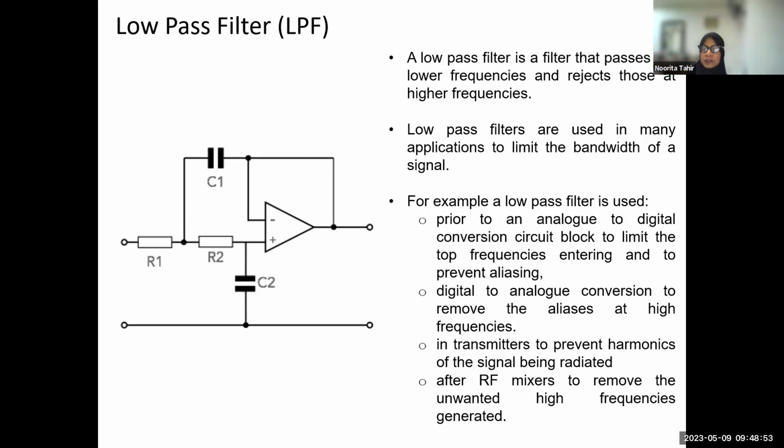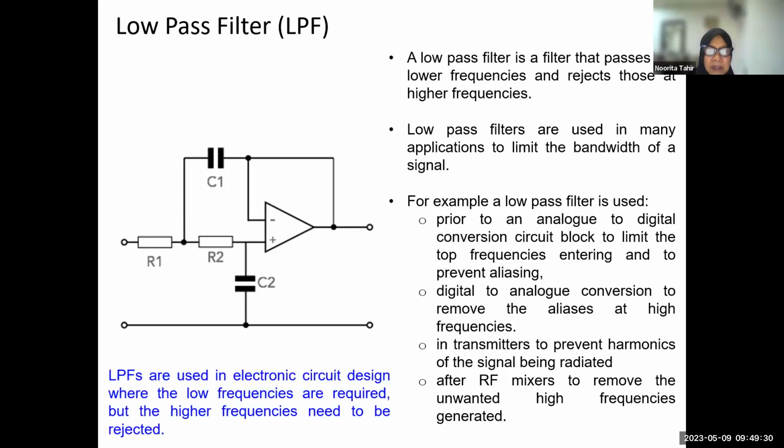Low pass filters are also used in the DAC, digital to analog conversion, to remove aliases at high frequency, and to prevent harmonics in signals that are being amplified or radiated. They are also normally used after a radio frequency mixer, to remove any unwanted high frequencies generated at that mixer.